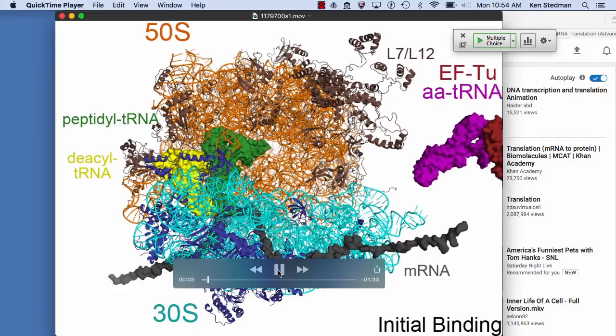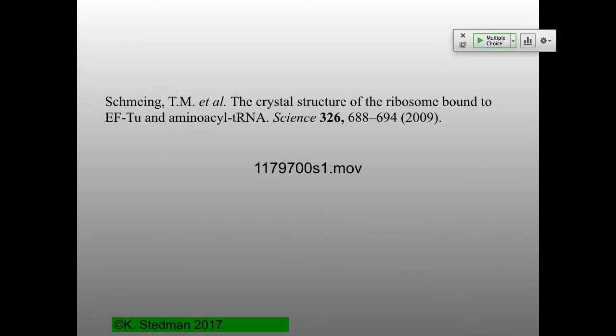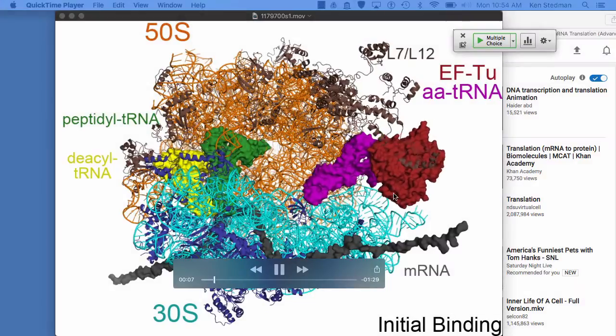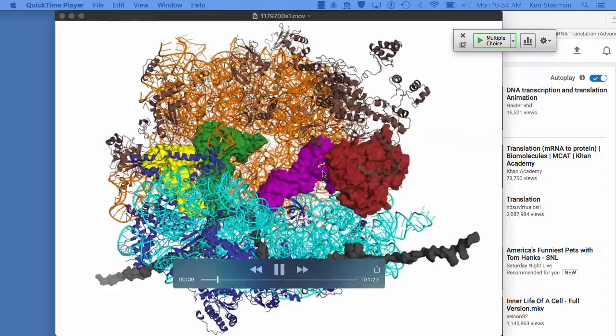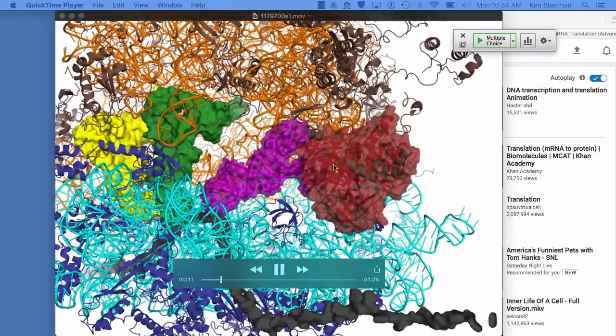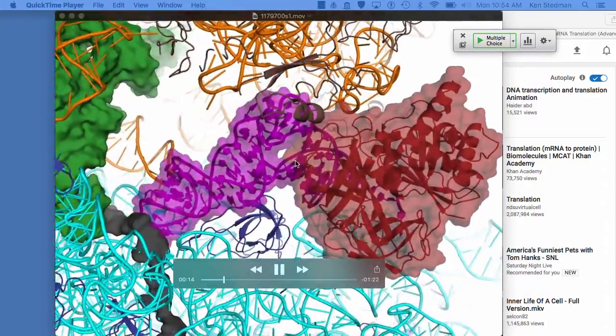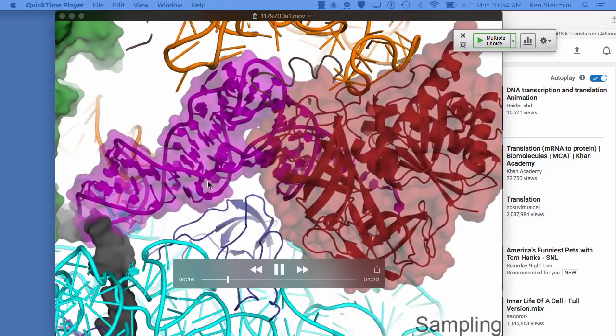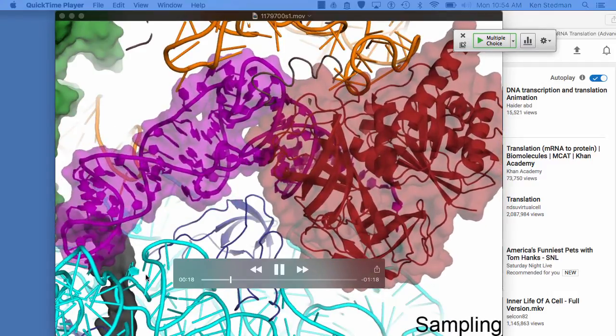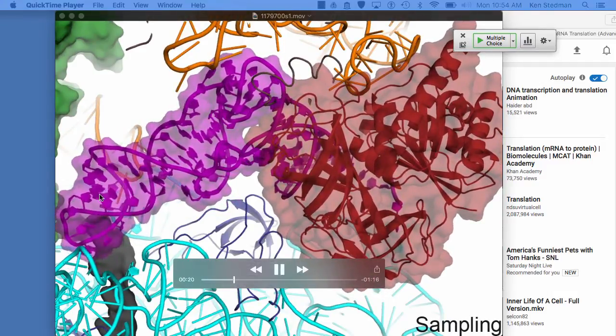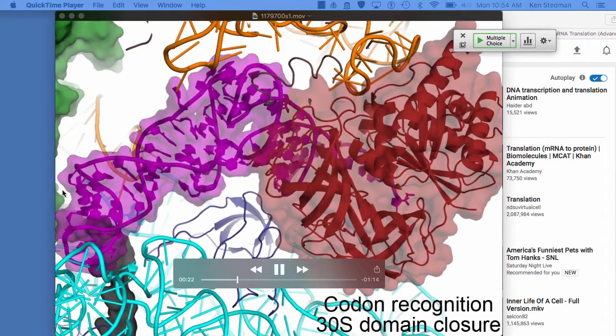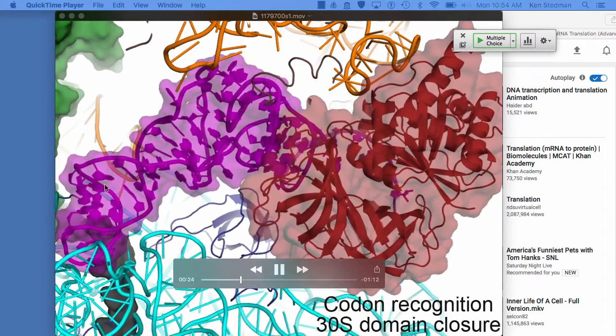So here's our EF-Tu coming in, with your tRNA coming into the ribosome. This is all from structural work. So here's your protein, and there's the tRNA over here. Now we're checking to see if the base pairing interaction is proper here. I'll get to it right at the end.